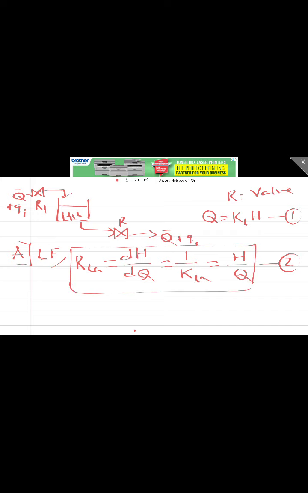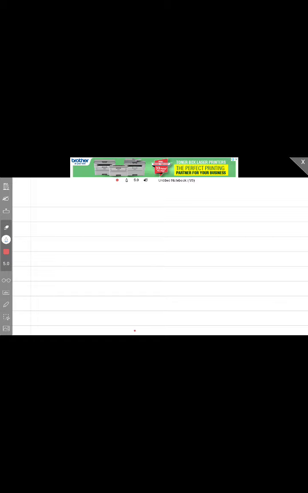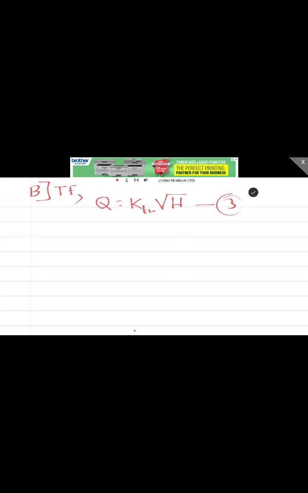Next we will consider turbulent flow. In case of turbulent flow, we will write Q equal to KTU into square root of H. This is the expression for turbulent flow at steady state, and this capital Q is at steady state.